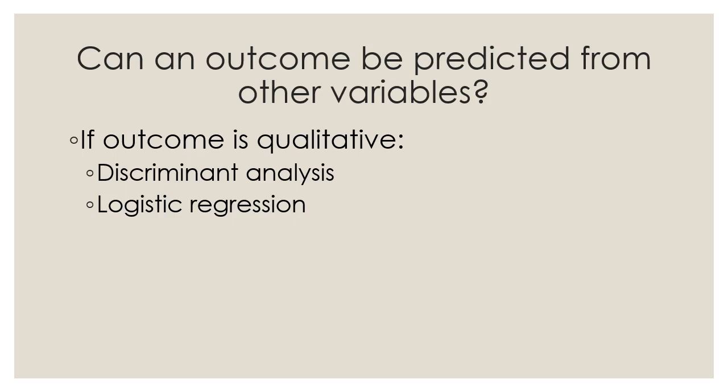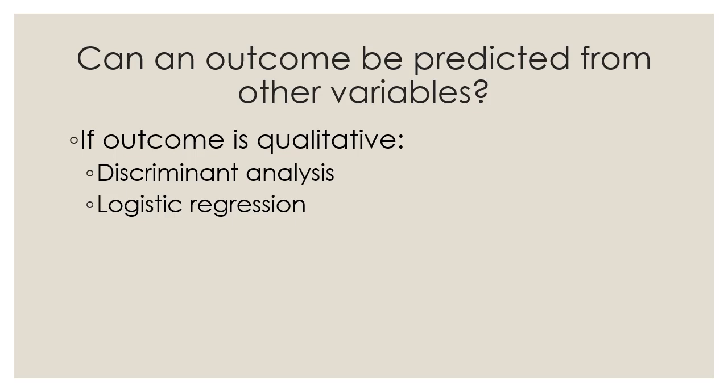So logistic regression, for example, can be used when your outcome of interest is disease, let's say having had a stroke or not. So it's a yes or no. Did you have a stroke in the past 10 years? Yes or no. So that's your outcome of interest. Only two answers, yes or no. You can use a logistic regression.